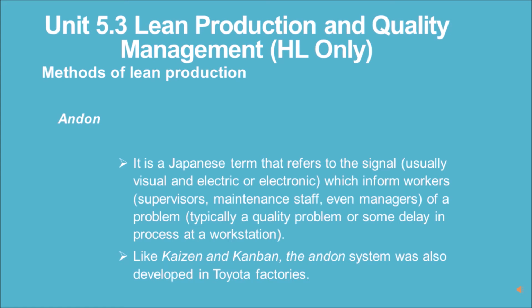It is a Japanese term that refers to a signal, usually visual and electric or electronic, which informs workers, supervisors, maintenance staff, even managers, of a problem, typically a quality problem or some delay in process at a workstation. Like Kaizen and Kanban, the Andon system was also developed in Toyota factories.